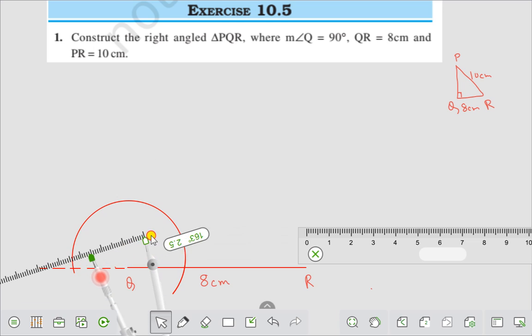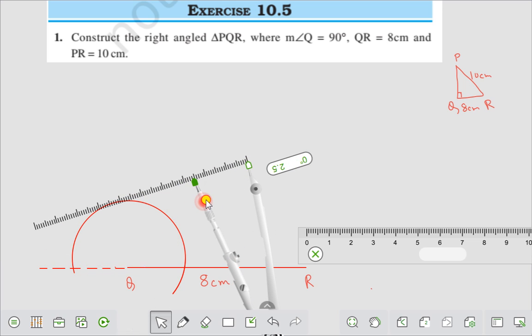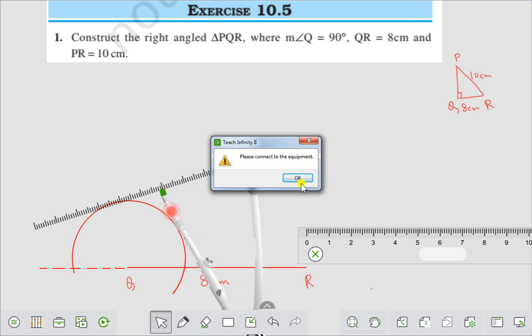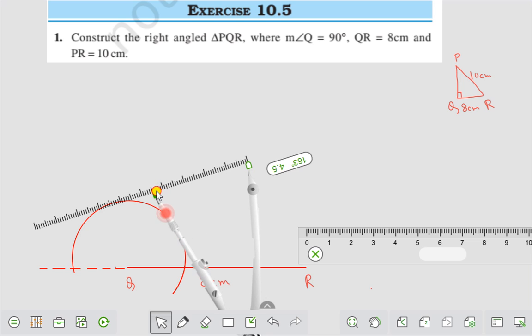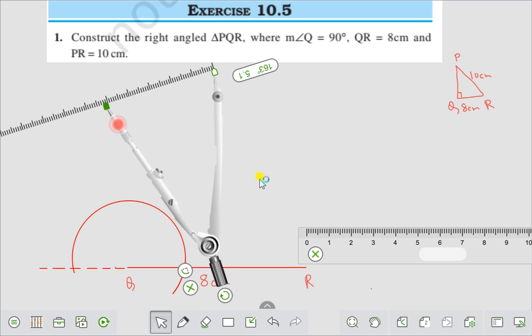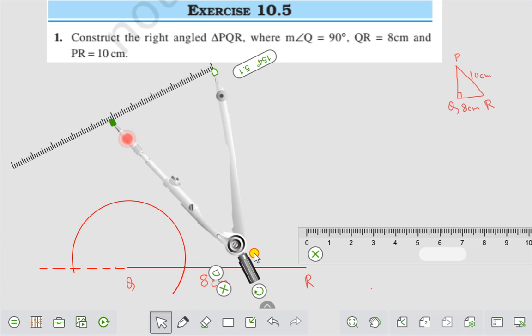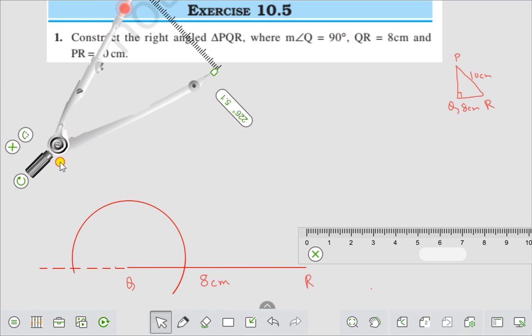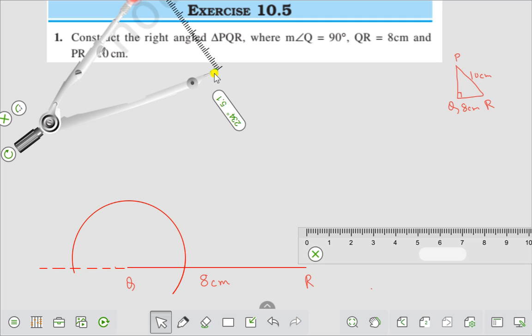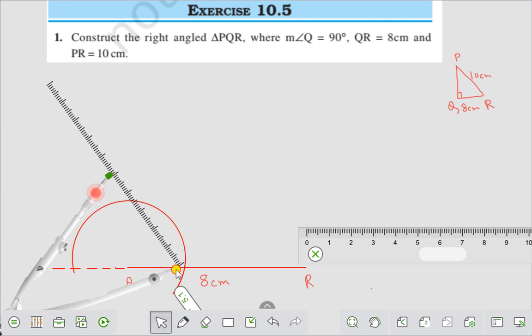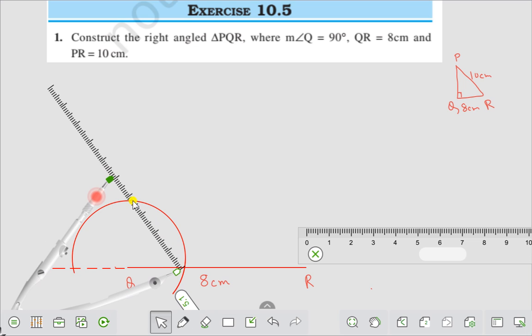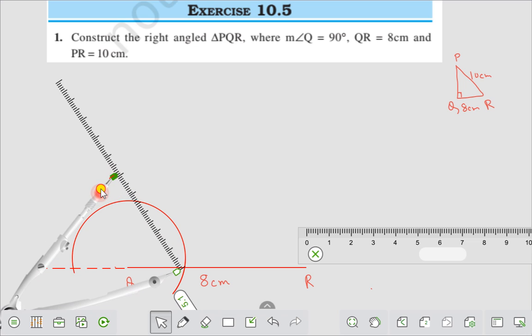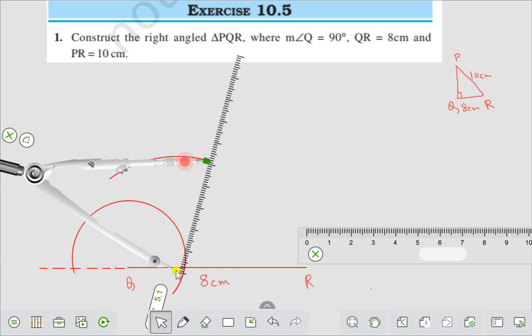Now extend this length to some extent, and then again taking this point, draw an arc here, right?